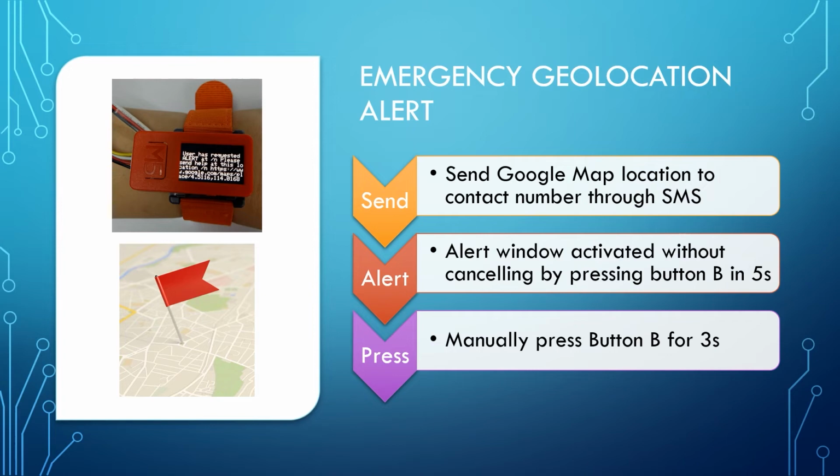If no further movement is detected, the user is most likely unconscious and unable to move. The device will automatically send the geolocation to the registered phones to alert the authority. The phone user then can notify the ambulance to help the unconscious elderly.